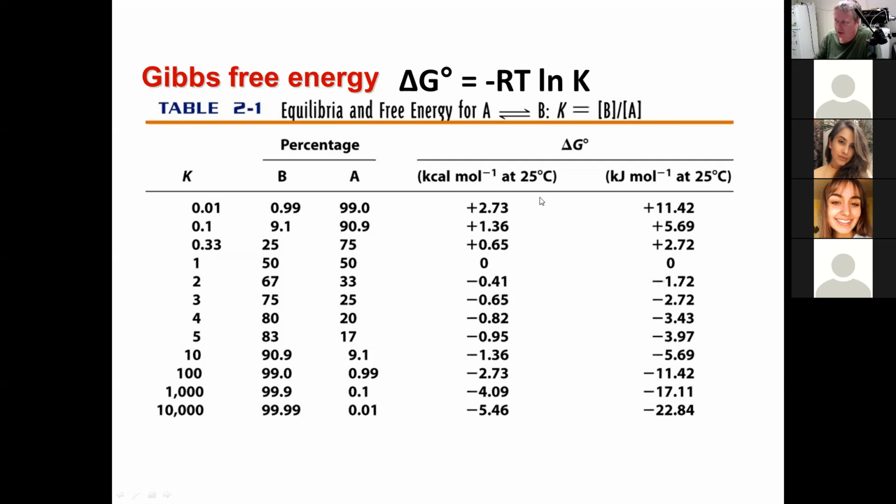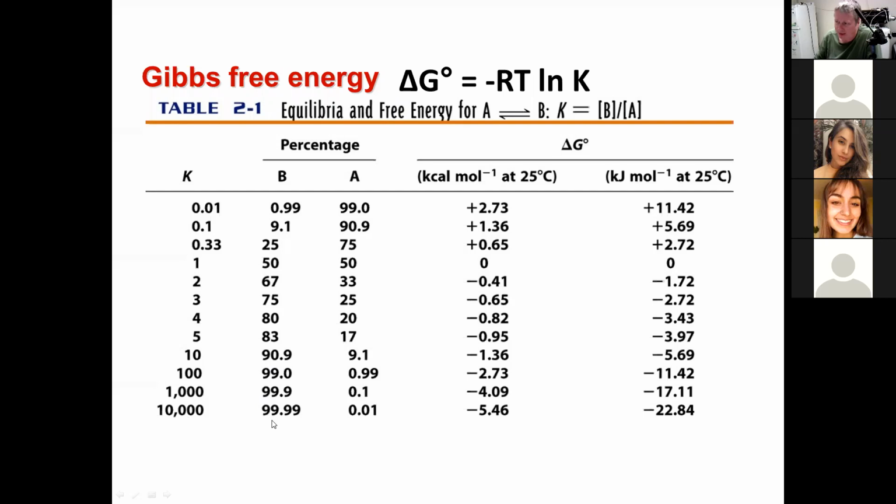And of course, delta G, and these are just 2 units, kilocalories and kilojoules. Usually in this course, we deal with kilocalories, okay? So when we have tons of the left material, then delta G is a big positive number, right?